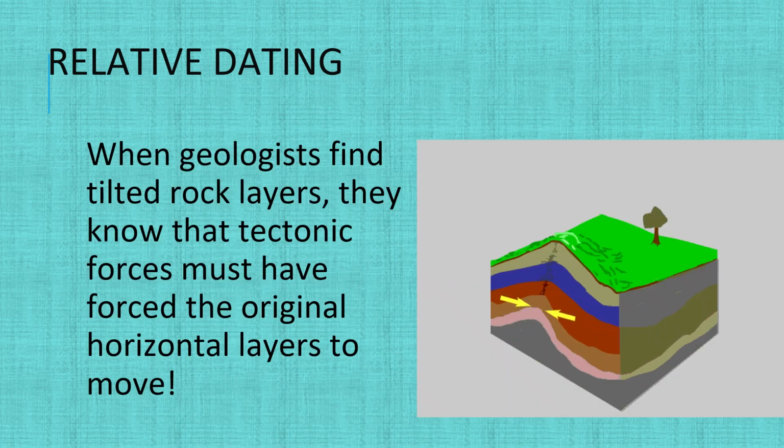So when we're talking relative dating, when we find layers that are tilted, we know that a tectonic force has to have acted on those original layers and forced them to move, right? So layers get put down flat. If we have two continents getting smushed together by plate tectonics, then those layers can get folded, bent, turned.